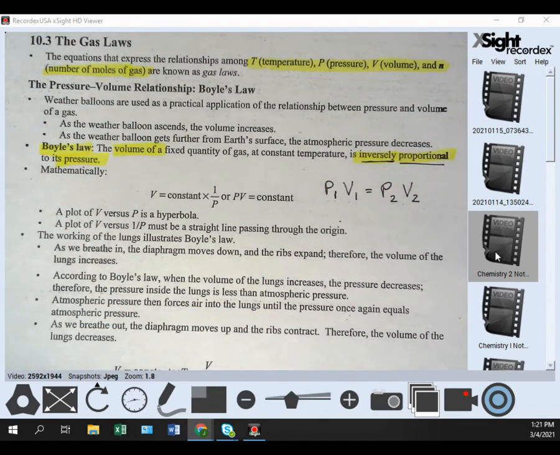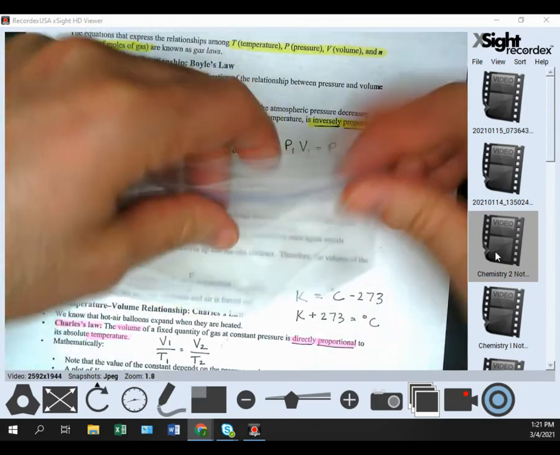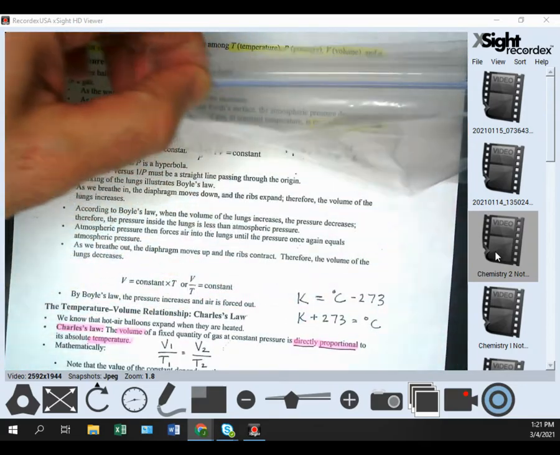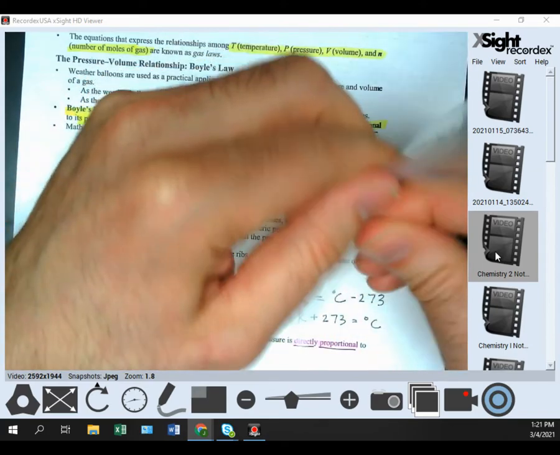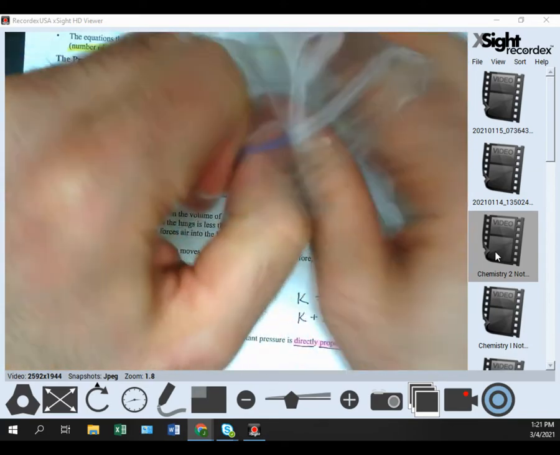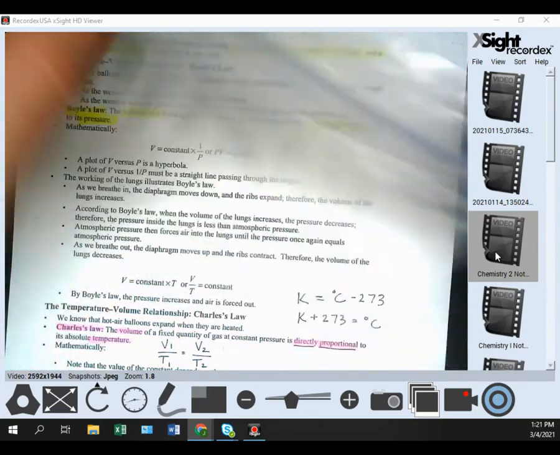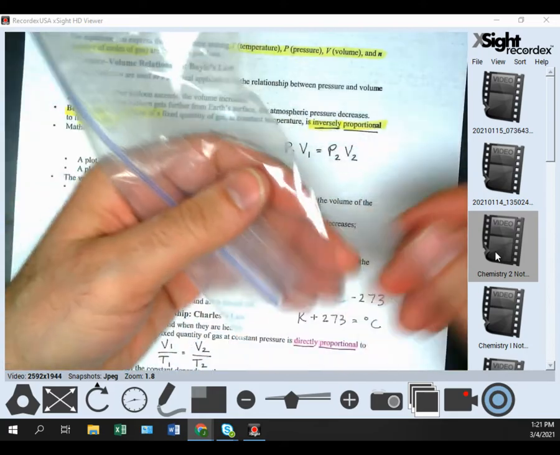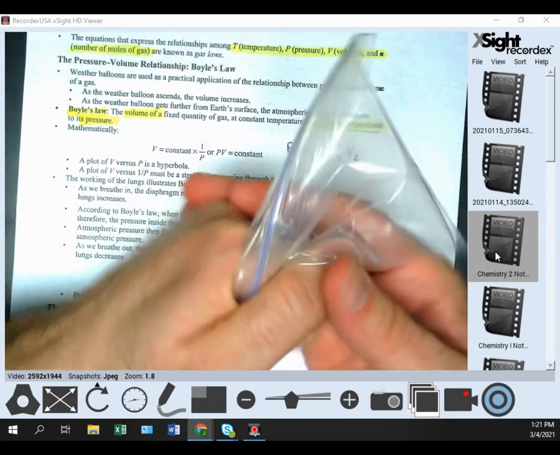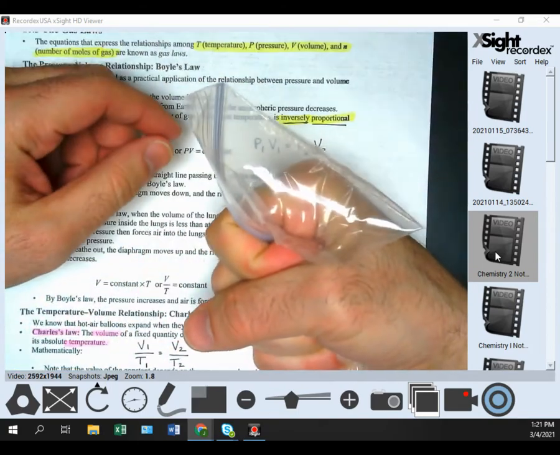Just to give you a quick visual example of this. If we have a bag here with a little bit of gas in it, and we reduce the volume by squeezing it, what happens to the pressure?